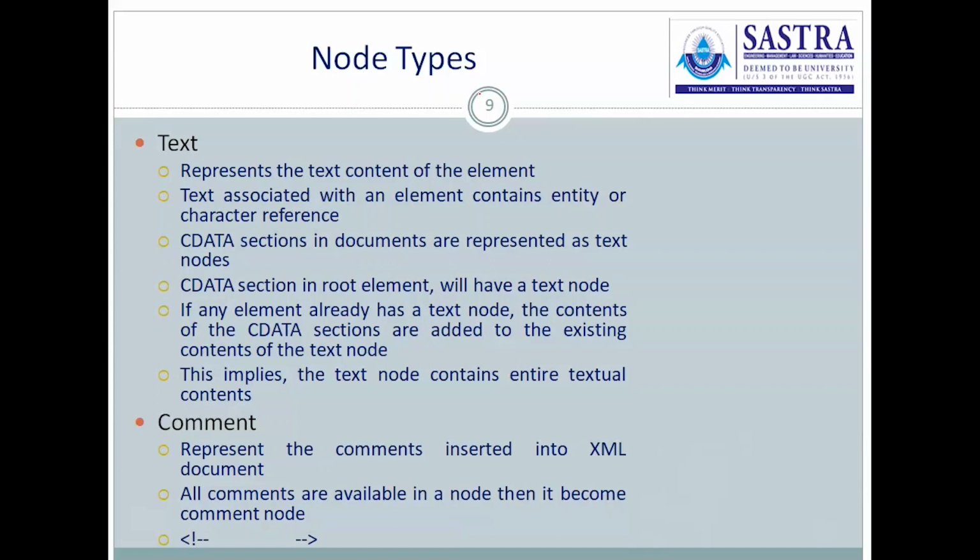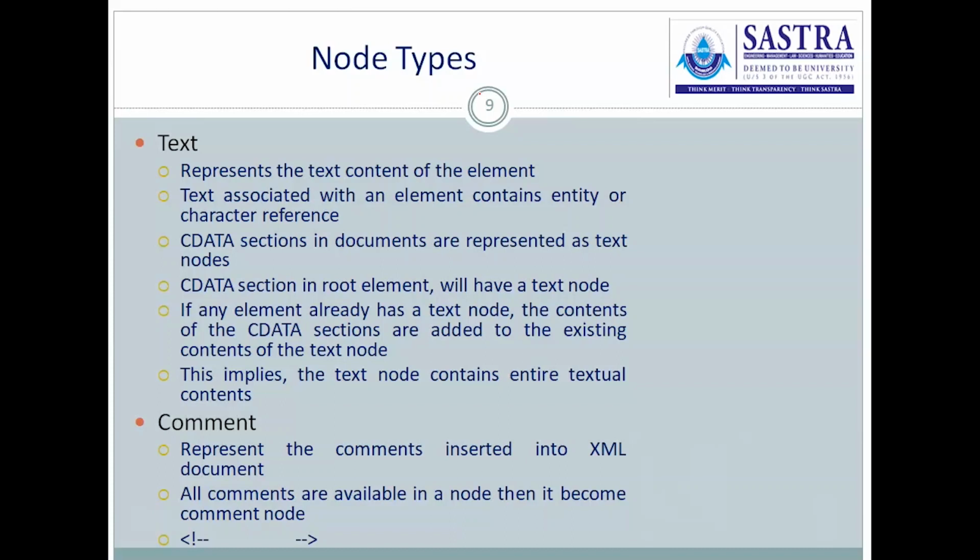And the next one is comment. If you want, you can pass a comment. A well-defined XML document contains a lot of comments. The comments give a complete picture about the XML document, so wherever necessary we can include comments. If any comments are inserted into the XML document, they will be represented by a comment node.